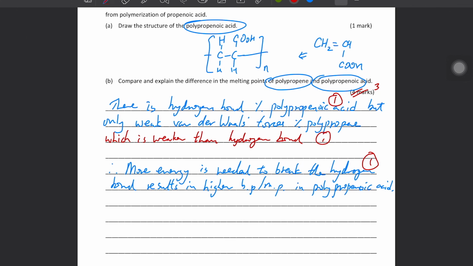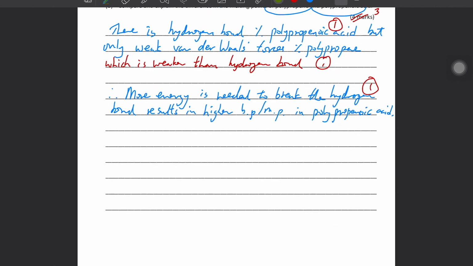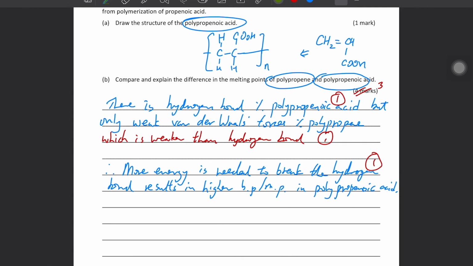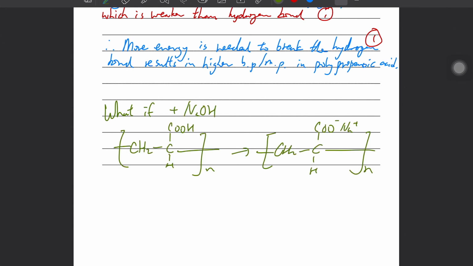So just telling me polypropenoic acid has a higher melting point does not contribute marks. But I want to say something more from these questions. Again, this comes from the past paper. Don't forget this polymer is a carboxylic acid. So what if we add sodium hydroxide, and you can expect there is neutralization like this. So you can see there is a new polymer.